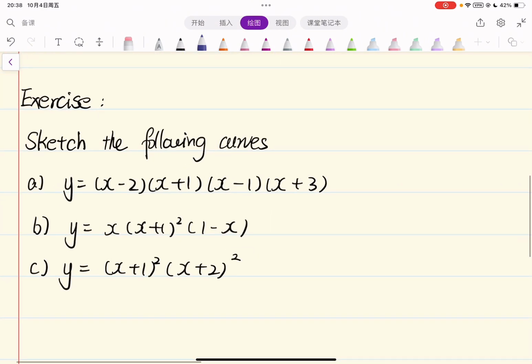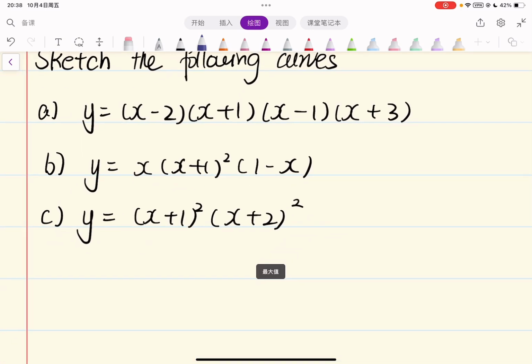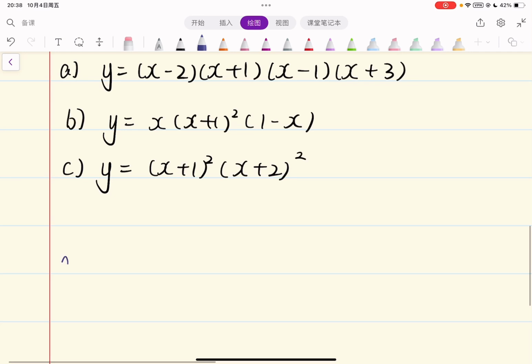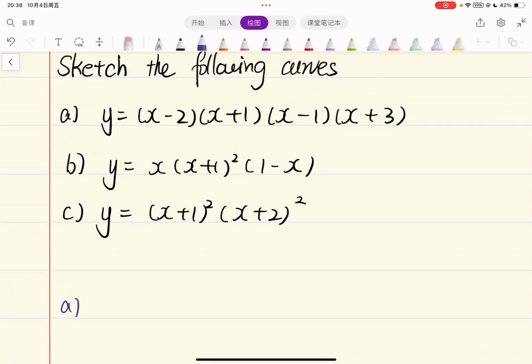To sketch the following curves, we have 3 curves over here. For part A, we have y equals (x minus 2)(x plus 1)(x minus 1)(x plus 3). For part A, we need to find the points where the curve crosses the x-axis or y-axis.